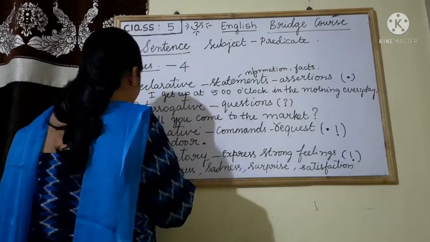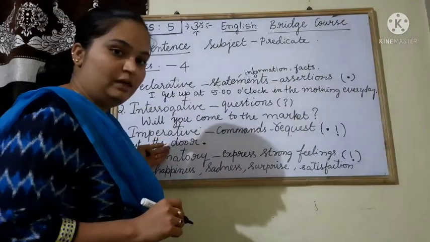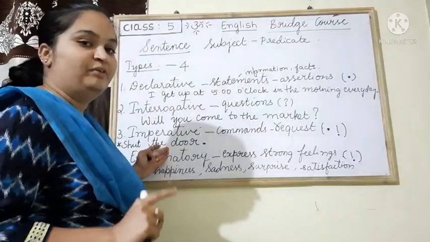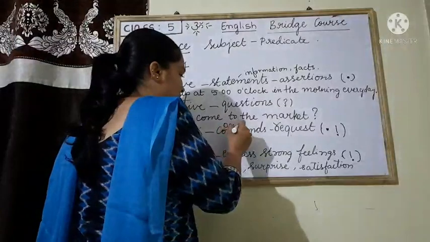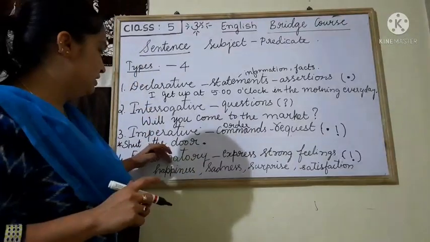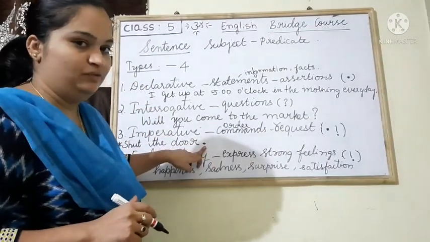So when I say shut the door, I am giving you the command. I am asking you to shut the door. I am giving you an order. Command or order. I am ordering you to shut the door. So this is an imperative sentence which ends with a full stop.